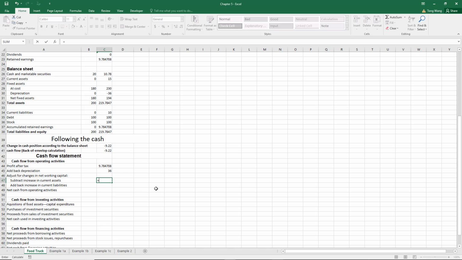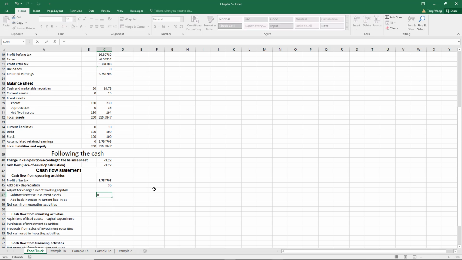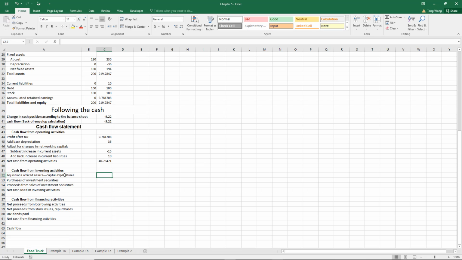So here I'm going to say negative change in current asset, that'll be equal to C27 minus B27. Add back change in liability, so that's equal to C34 minus B34. So the sum of the first section, we have this number. The second section is the cash flow from investing activities.